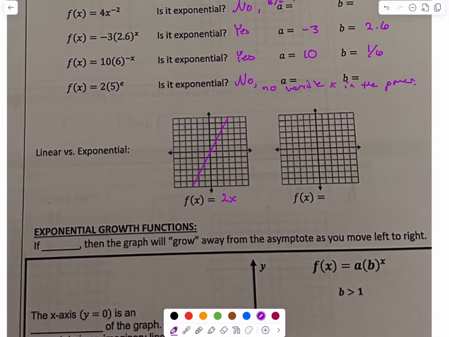An exponential function, something like this. Let's do e to the x.